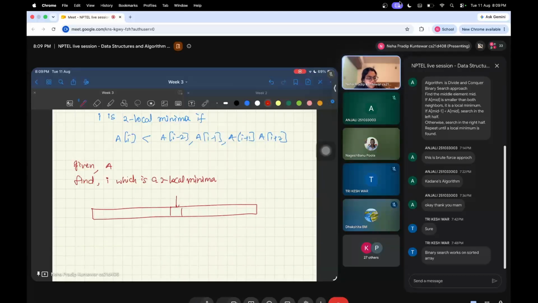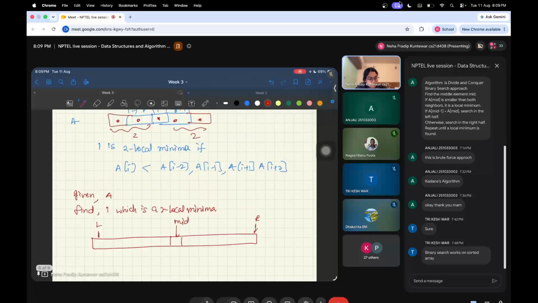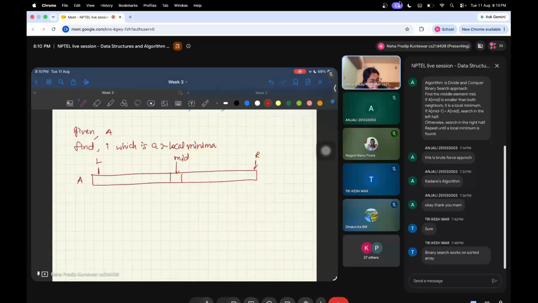You go to the mid and initialize this as L and R, and then check if A of mid is smaller than a of mid minus 2, a of mid minus 1, a of mid plus 1, and a of mid plus 2.